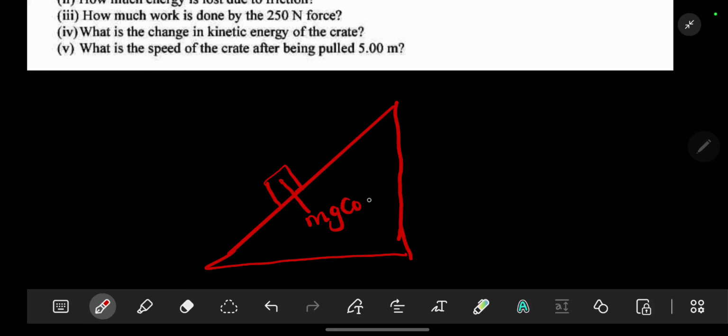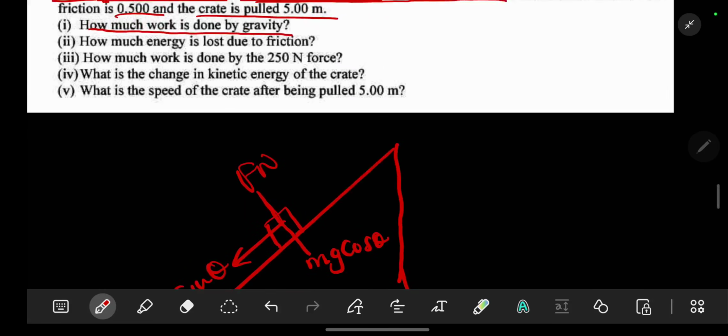Down here, it will be mg cos of theta, and opposite to it is the normal force. Downwards, this force will always be mg sine of theta.